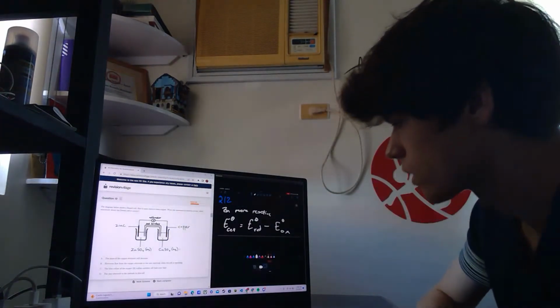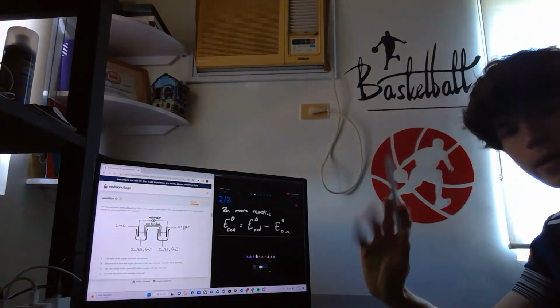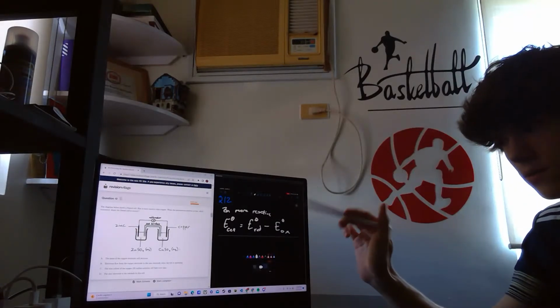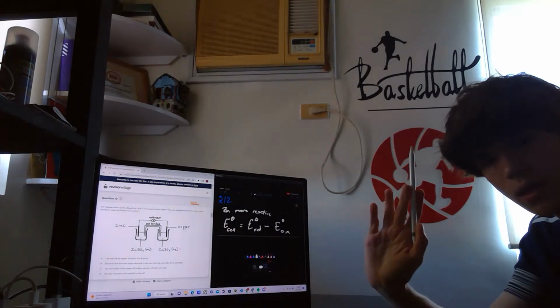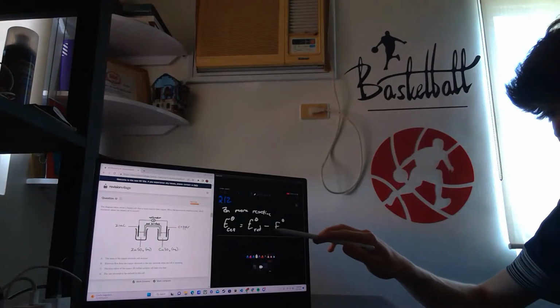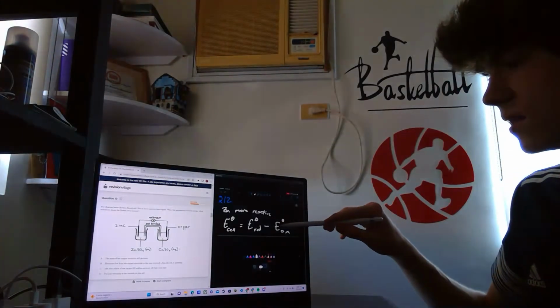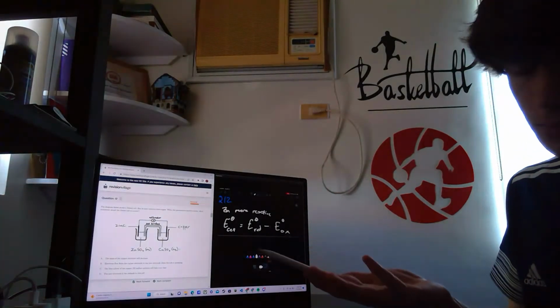So essentially, we're going to want the one higher on the activity series to be the one being oxidized, so we can get a positive value, because the higher one on the reactivity series is going to be a higher negative number. Because it's negative, we plug it in here and get a positive number, because a negative and a negative makes a positive.